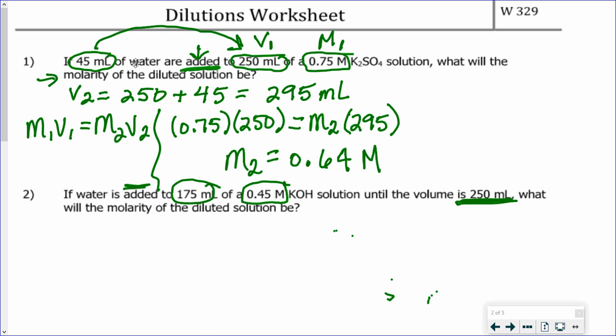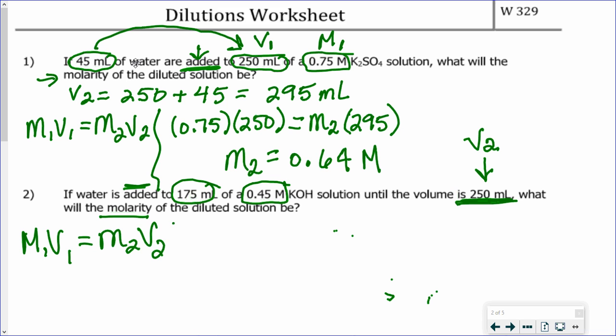So even though it says added, you've got to read the question and you know that it's going to go up to 250, so that's my V2. This question is actually telling you that your final is 250. What will the molarity of the diluted be? So M1, V1, M2, V2. Here's my M1. Here's my V1.